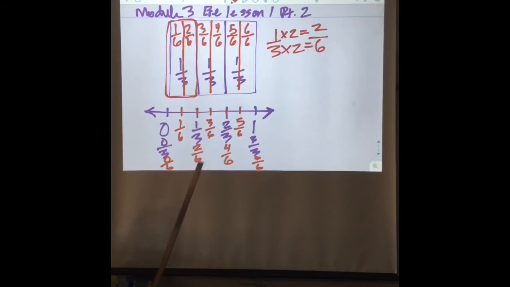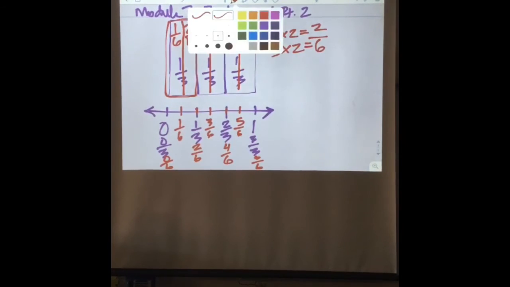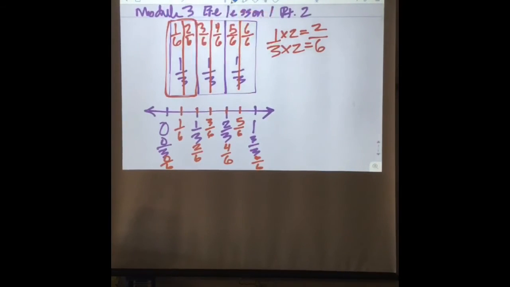So, what if I took my 6 pieces and cut them in half again? Whoa. What would I get? 12. I would get 12. How do you know that? 6 times 2. Right, 6 times 2 equals 12, right?